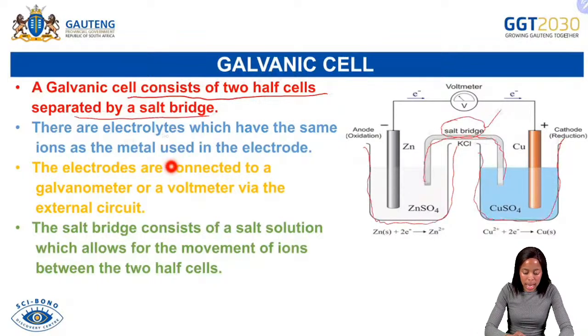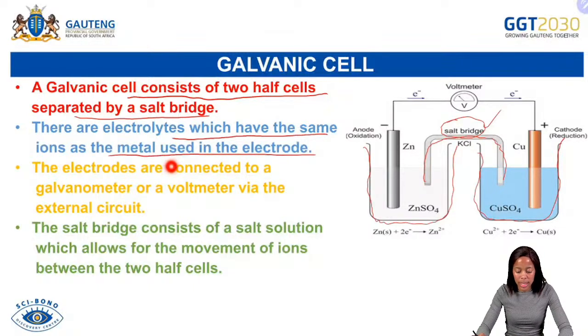And then it says there are electrolytes which have the same ion as the metal used in the electrode there. So remember we spoke about the electrolyte. In this case, what do we have as our electrolyte? We have our zinc sulfate, which is ZnSO4.